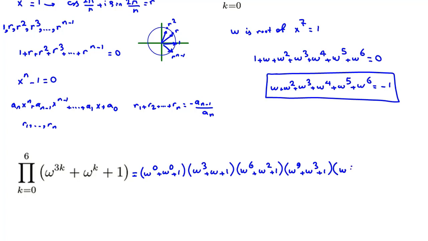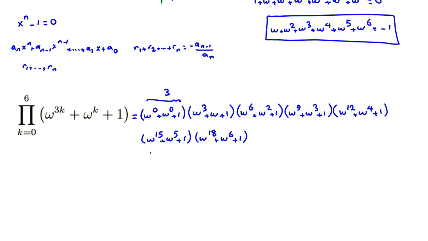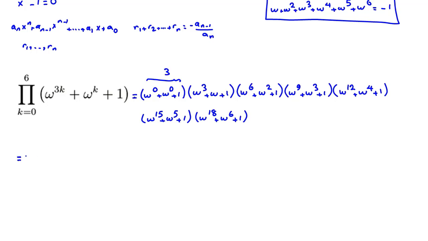If k is 4, omega to the 12 plus omega to the 4 plus 1. If k is 5, omega to the 15 plus omega to the 5 plus 1. For k equal to 6, omega to the 18 plus omega to the 6 plus 1. Now, if I write all of them in one line, let me rearrange them.